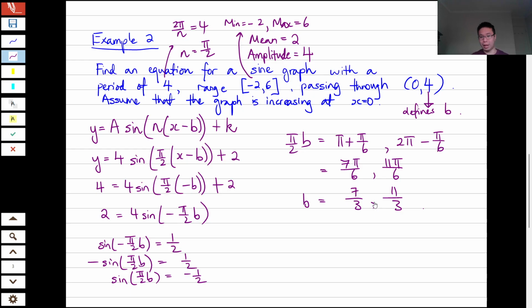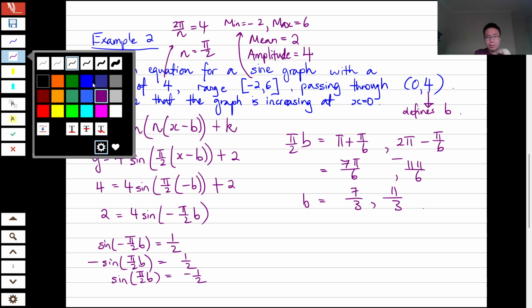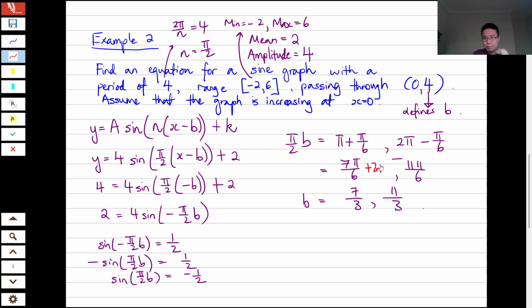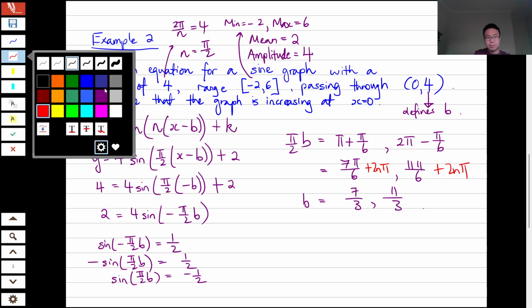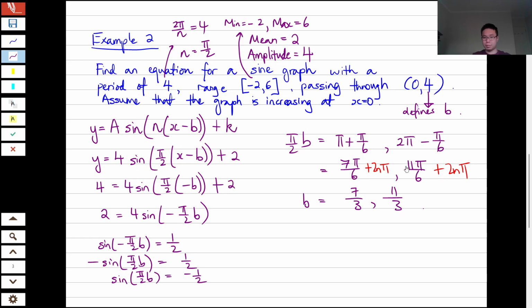Okay, now there are other solutions as well. So technically, I should write this plus 2n pi, and then this is plus 4n, where n is an integer.